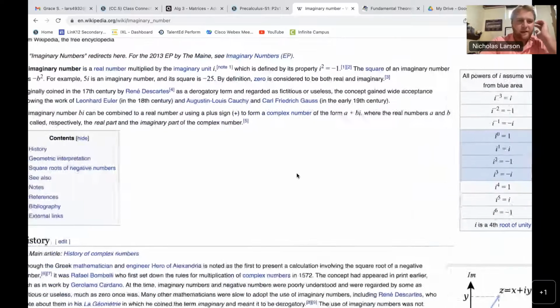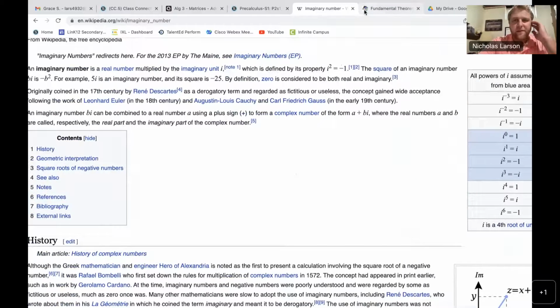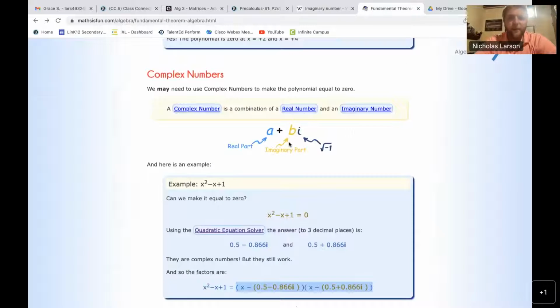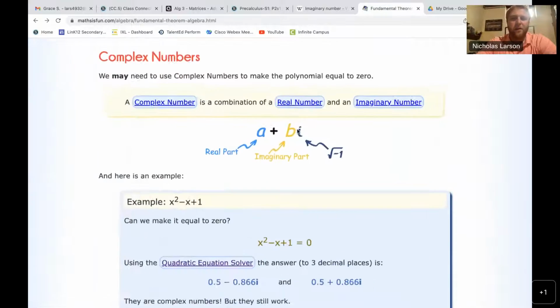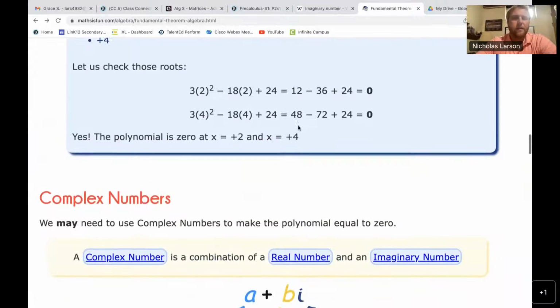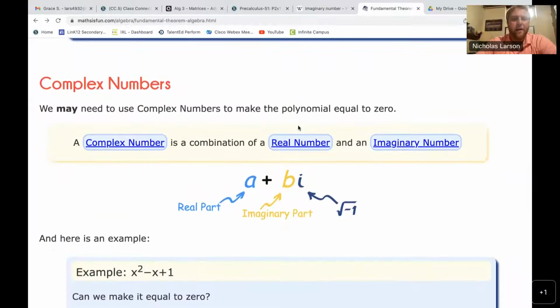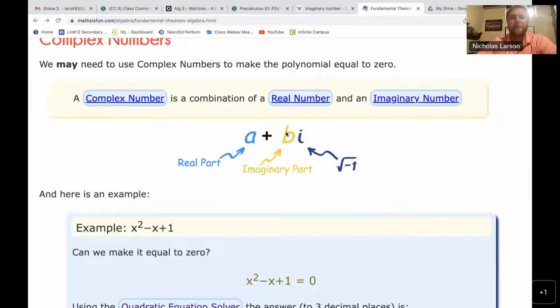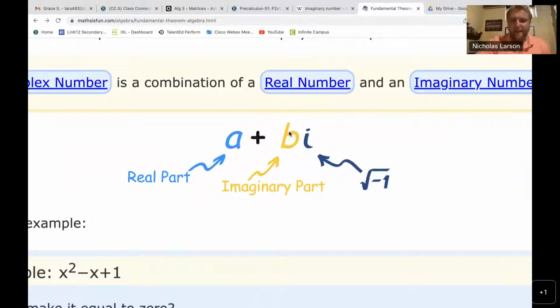Let's see here. Is there conjugates right here? I think that's on the other one. So again, this is what we were talking about, real numbers, imaginary numbers. First part is a complex conjugate. So a conjugate kind of means like the opposite.